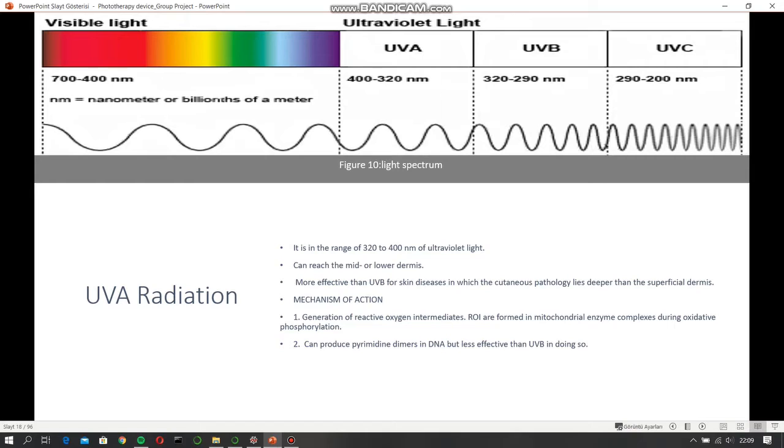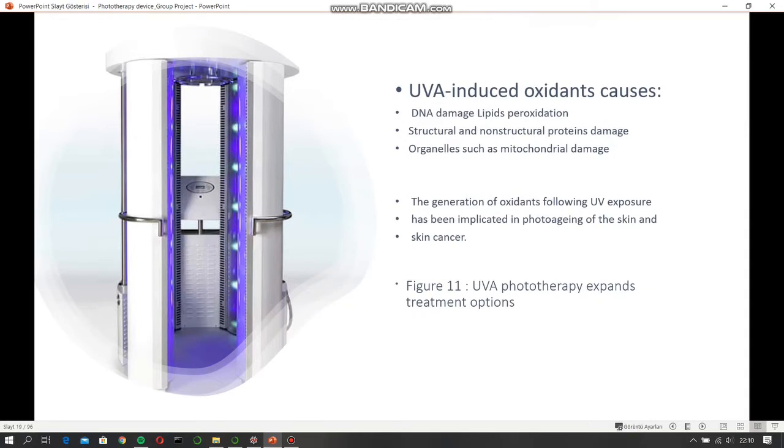Mitochondrial enzyme complexes during oxidative phosphorylation can produce pyrimidine dimers in DNA, but less effectively than ultraviolet B does. Ultraviolet A induced oxidants cause DNA damage, lipid peroxidation, structural and non-structural protein damage, and organelle damage such as mitochondrial damage. The generation of oxidants following ultraviolet exposure has been implicated in photoaging of the skin and skin cancer.